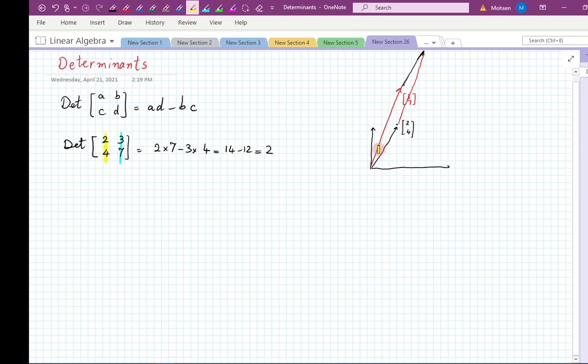This parallelogram has an area, okay? That area is just that determinant, 2. You can go ahead and calculate the area the way you have learned to calculate the area of right triangles back in middle school, and you are going to see that it actually boils down to 2.